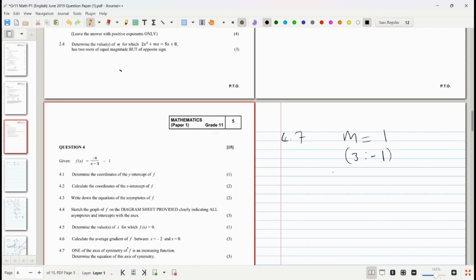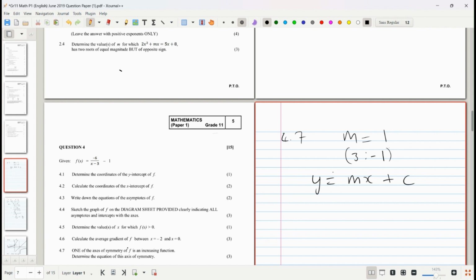So the standard form for a straight line, we know it's y equals to mx plus c. In this case, we have the gradient, which is m, we have the x value, which is 3, and we have the y value, which is -1. We need to plug these numbers into this equation.